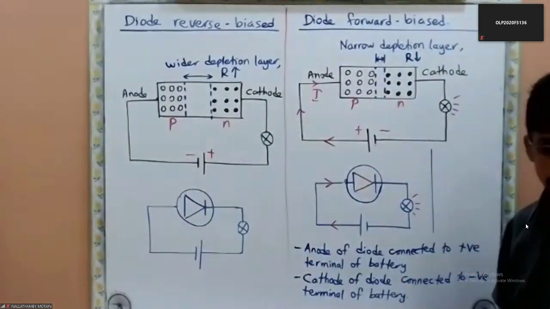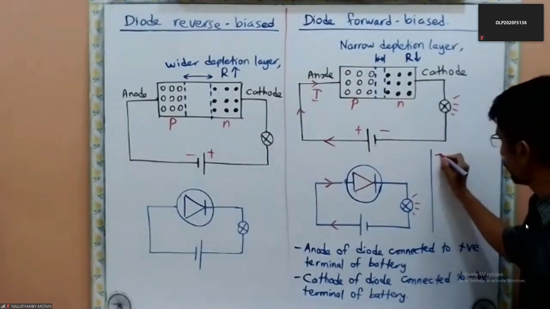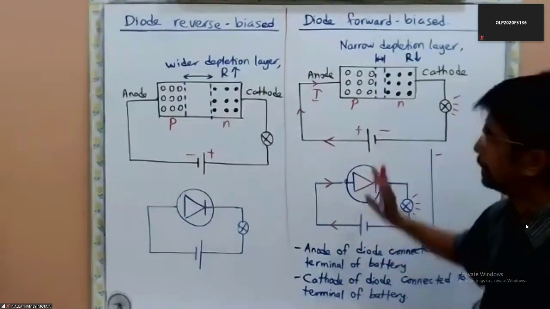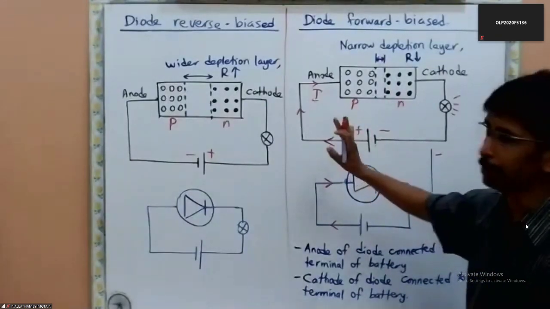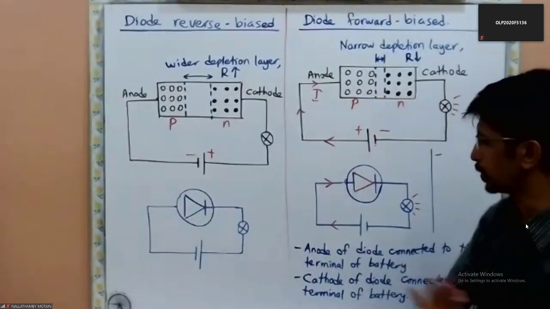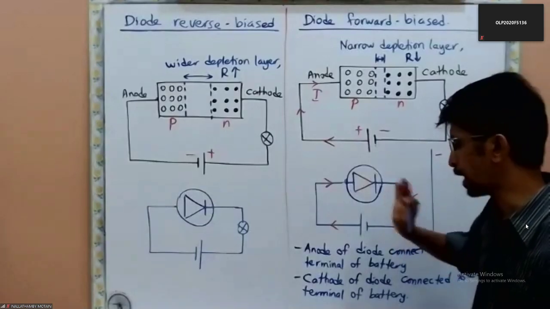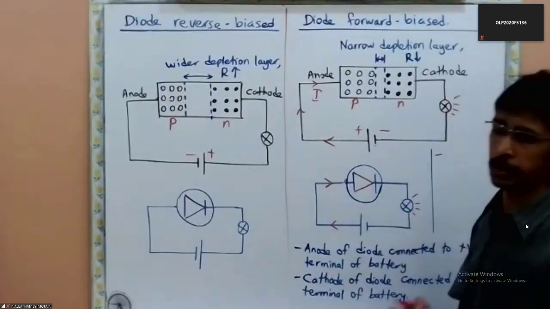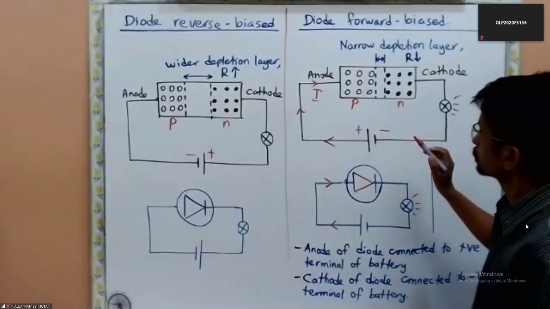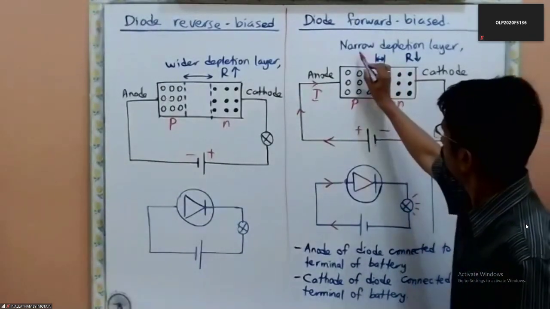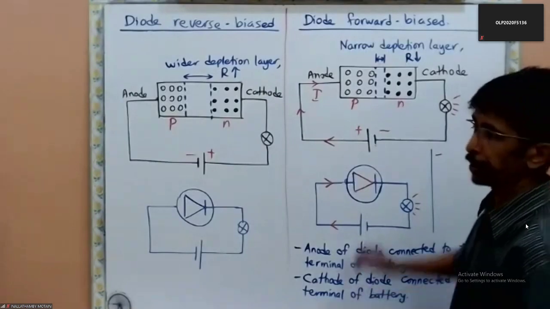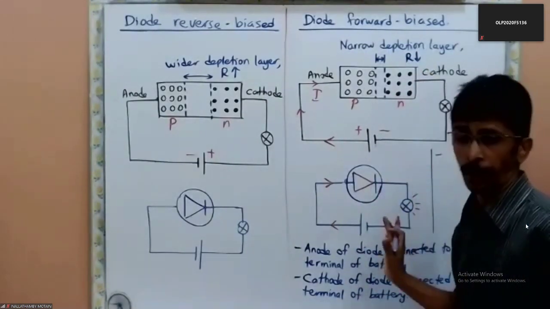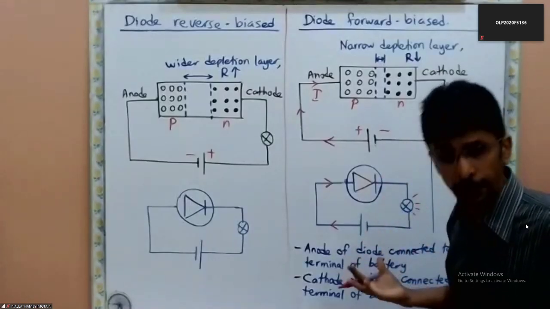Enough space. So the next one you write. This one is just the connection. You no need to tell about the movement of the electrons and holes. What you need to tell is about the depletion layer, about the resistance, and then whether current flows or not, whether the bulb lights up or not.